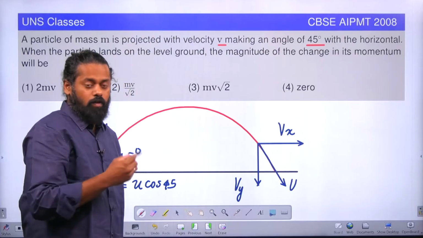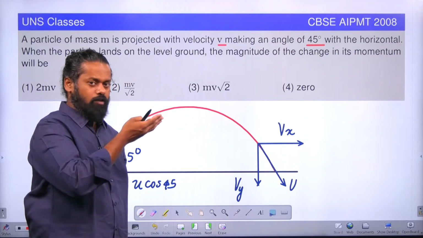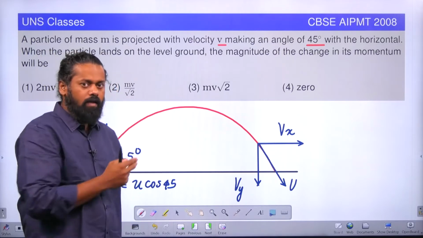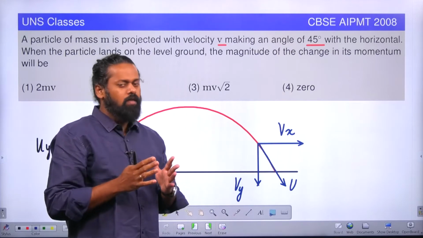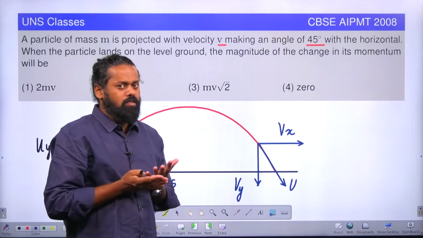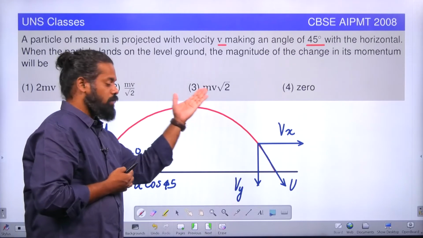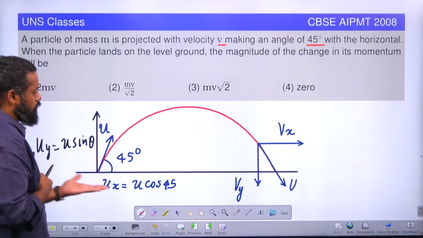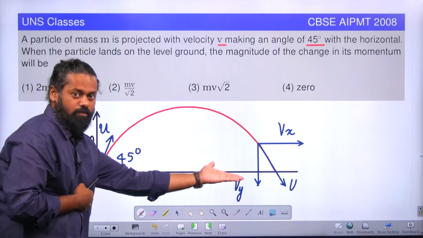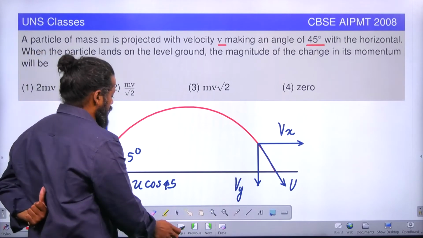Whatever velocity you were throwing the body with initially, at this angle, the body should come back and hit the ground with the same net velocity. That is the conservation of energy, if there is no air resistance. So from the initial velocity expression, we can find the final velocity expression in terms of vectors.